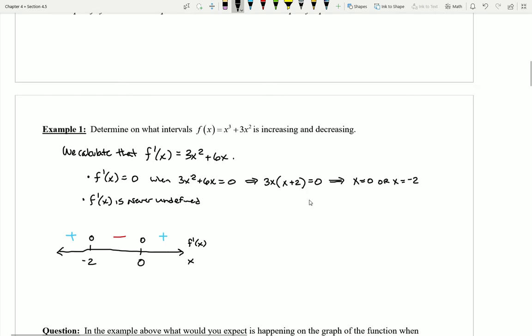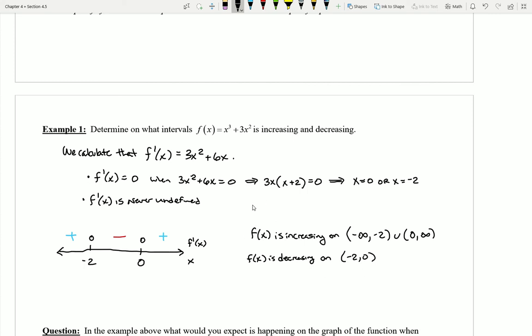So I can immediately determine that f of x is increasing on the intervals from negative infinity to negative 2, also from 0 to infinity. And then I can also state here that f of x is decreasing on the interval from negative 2 to 0.